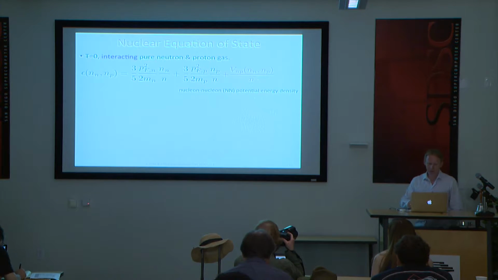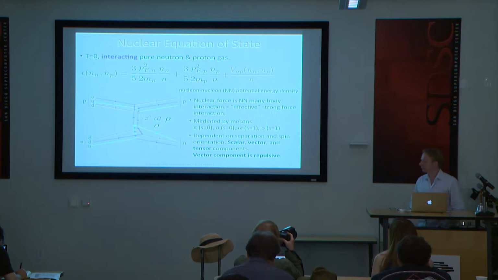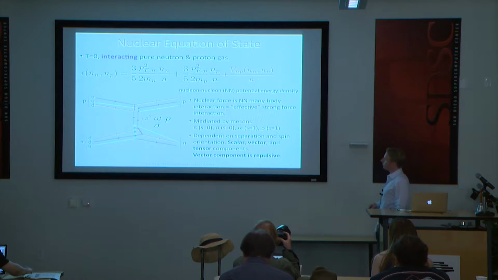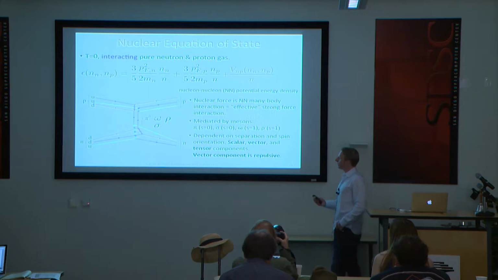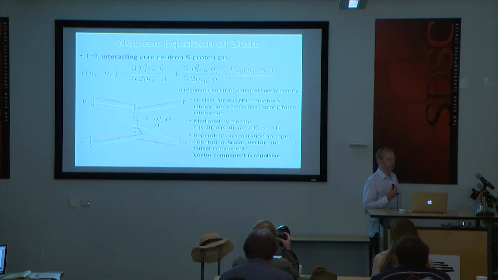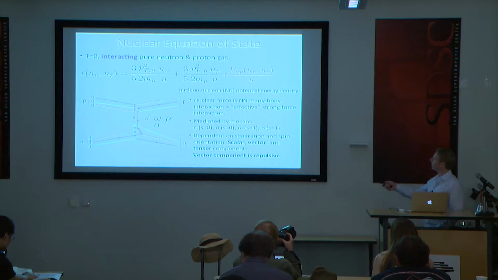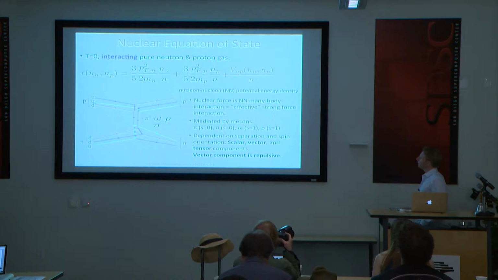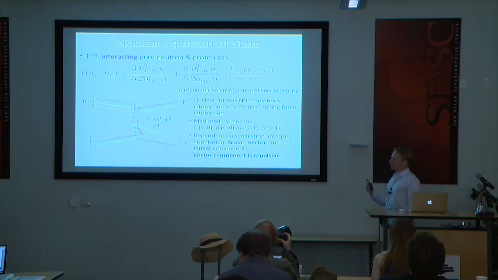So just to give you a little bit of a glimpse of this. You have interactions between neutrons and protons. They're mediated by mesons. And there's pions. There's omegas, rho, and sigmas. Some of them have spin, others don't. The nucleon-nucleon interaction really is a many-body force.